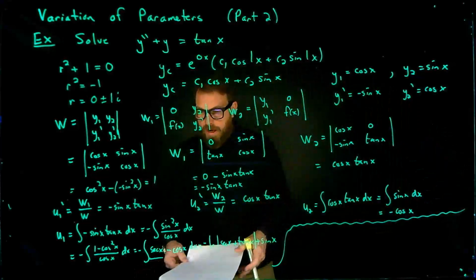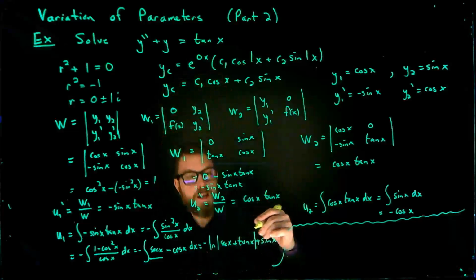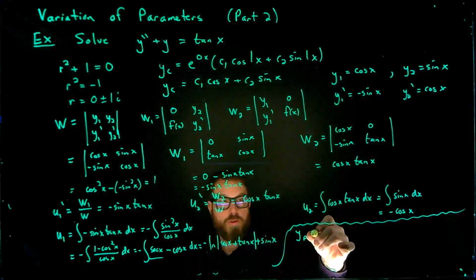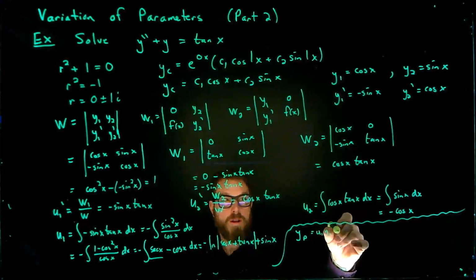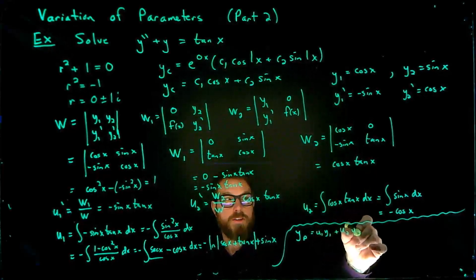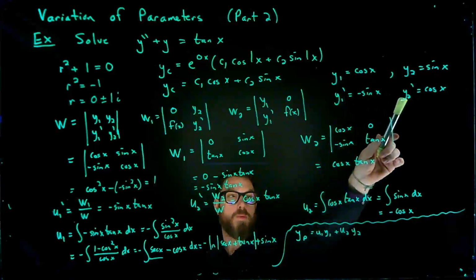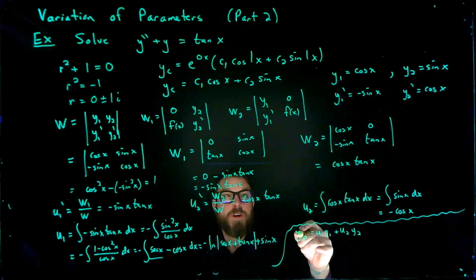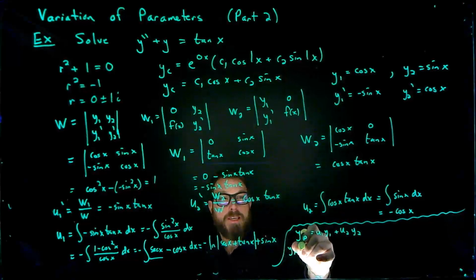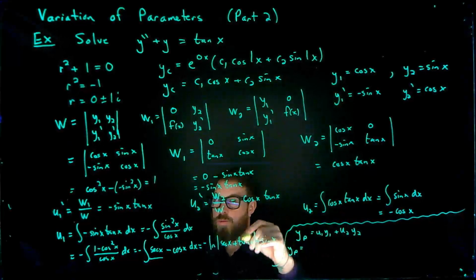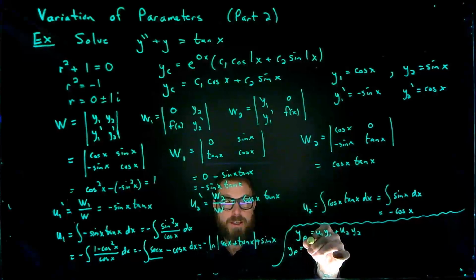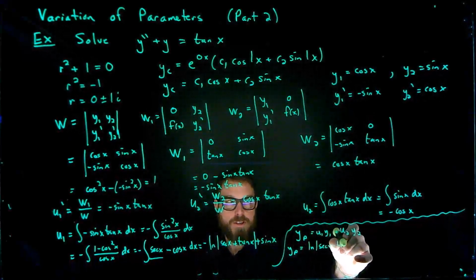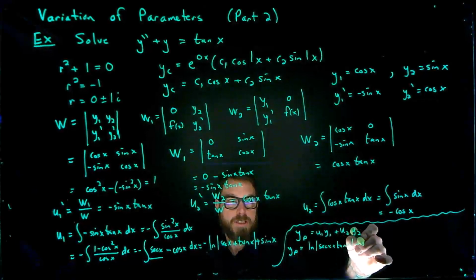Now remember that the particular solution is equal to u1y1 plus u2y2, and we know y1 and y2. We also know u1 and u2. So y sub p is going to be equal to u1, which is this thing: the natural log of the secant of x plus the tangent of x plus the sine of x.